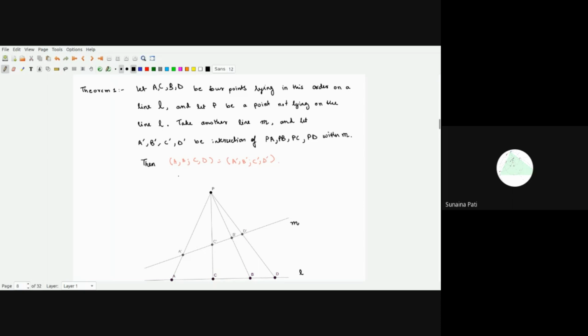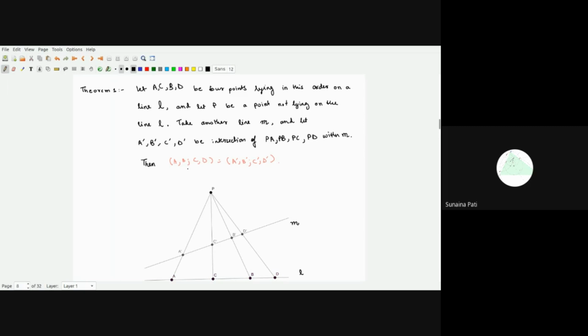Then the cross ratio of ABCD is equal to the cross ratio of A dash, B dash, C dash, D dash. This theorem is the base of projective geometry, and it's quite easy to prove.